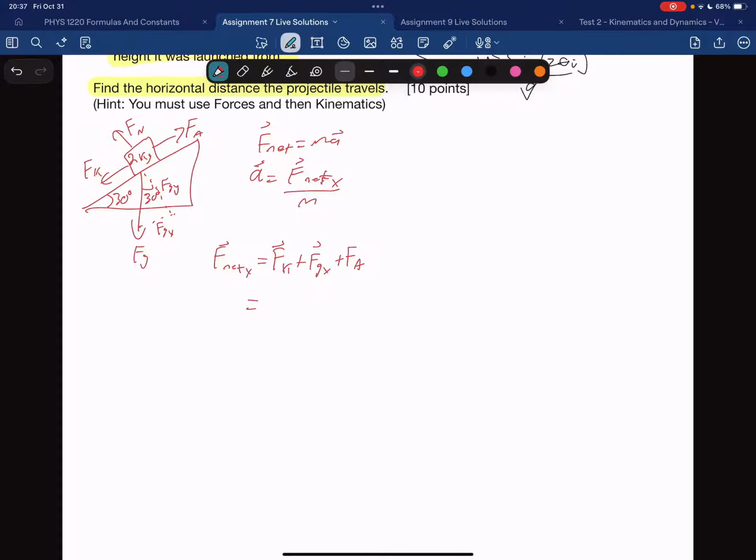So let's go find those first. Fk, let's find them in order. This is going to be the coefficient of kinetic friction times the normal force.